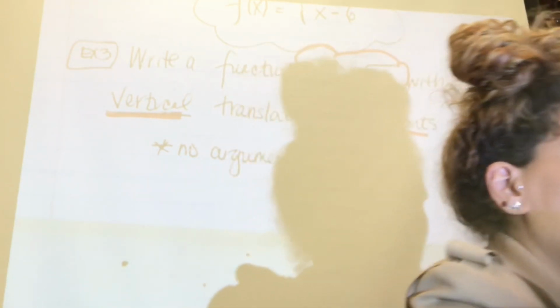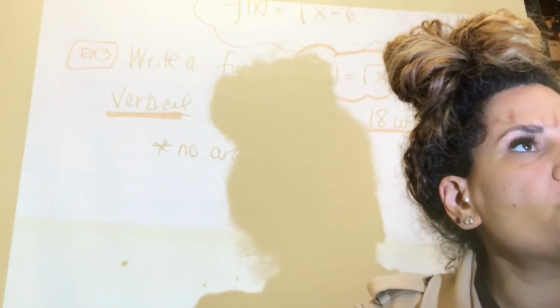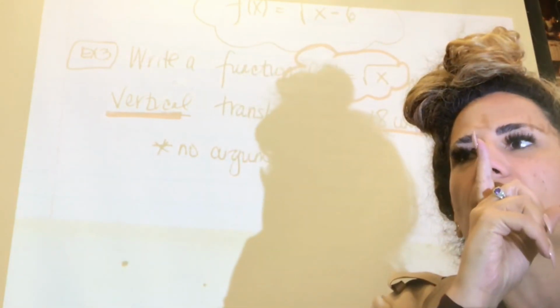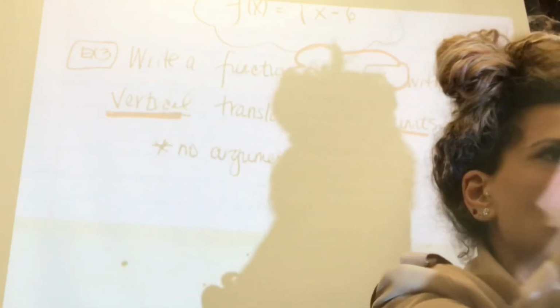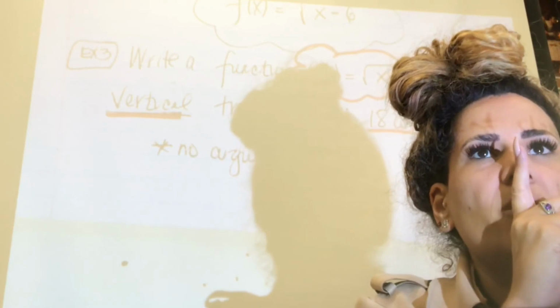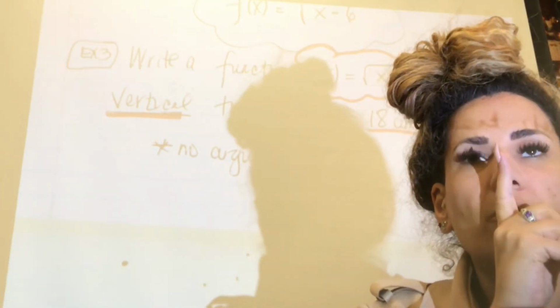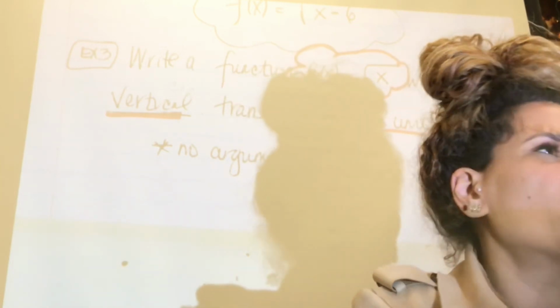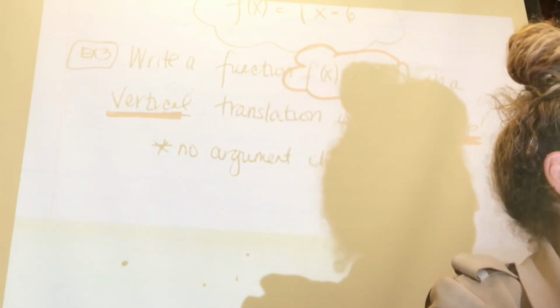So at your age, that's how I made myself remember. When my mom would say, don't argue with me, which way is my finger pointing? Up and down, which is vertical. So no argument, don't argue with me, vertical. See it? May not work for you, but I think it helped me a lot.